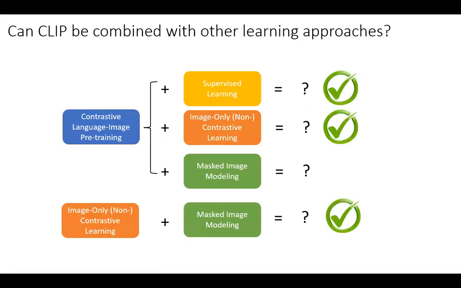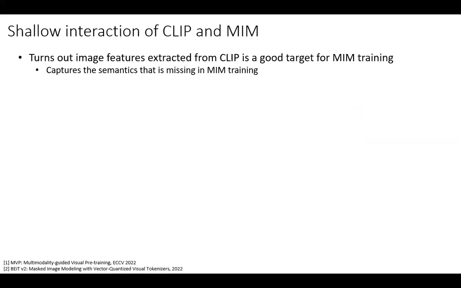Okay, so before talking about the combination of CLIP and masked image modeling, we talked about the combination of image-only contrastive learning and masked image modeling. So then can CLIP and MIM be combined together? I think there could be two kinds of combination, right? One is a shallow combination, where you use these two models interactively.